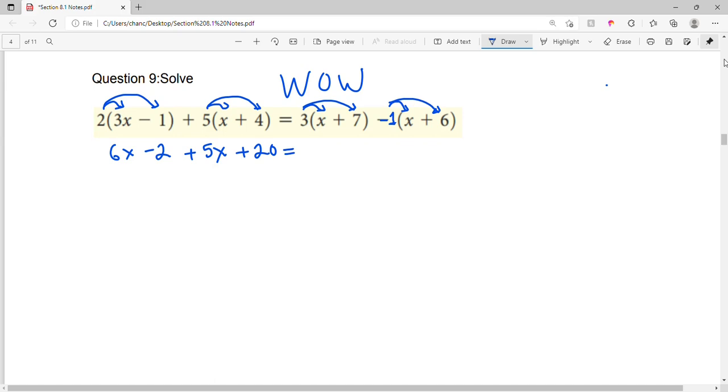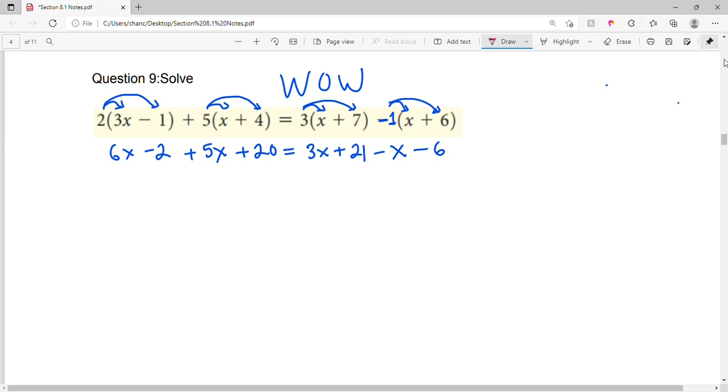On the right, we have 3 times x, that's 3x. 3 times 7, that's a plus 21. Distribute that -1. Again, always include that negative. That's -1 times x, which is -x, and -1 times 6, that's -6. So take your time, be careful, so you don't make a mistake.